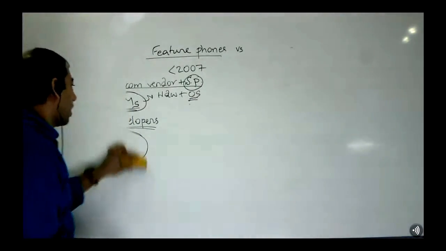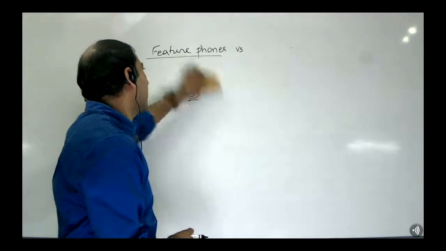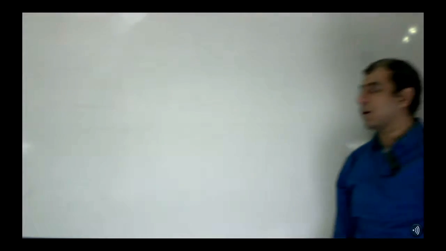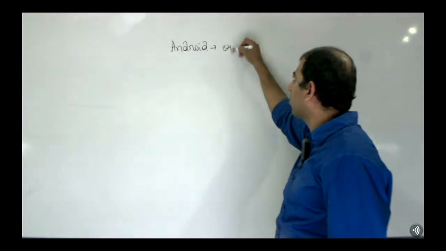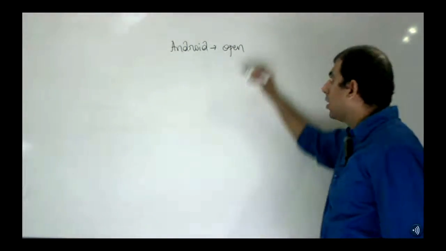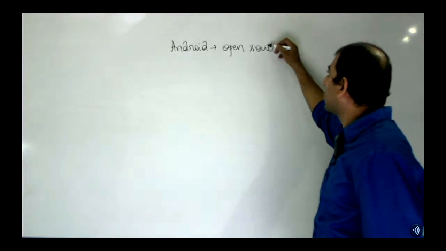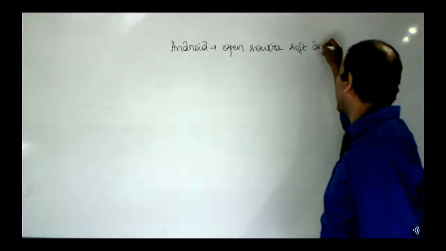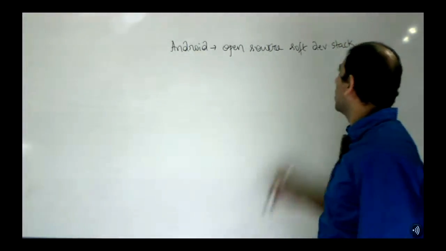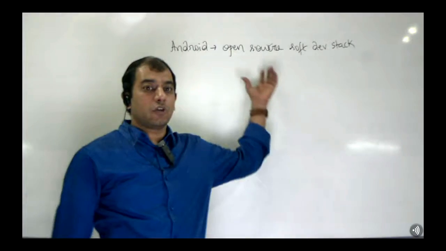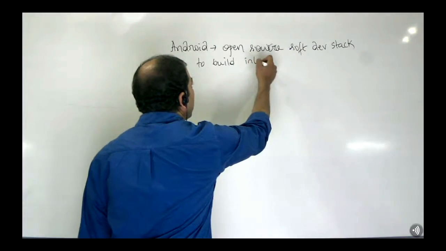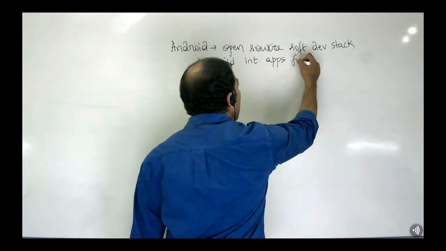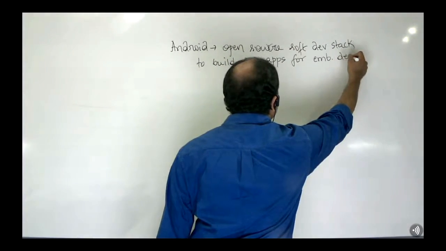Now, knowing all of this, what we want to answer is the question we started off with: what is Android now? Today, what is Android? As rightly said, Android is all of the things you said, but more specifically, Android today is an open source software development stack to build intelligent apps for embedded devices.